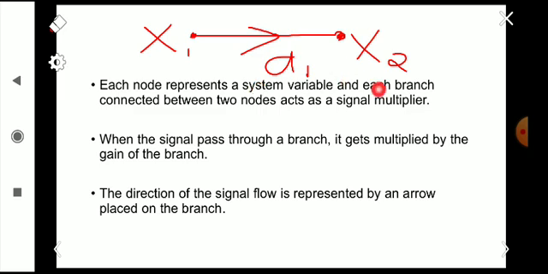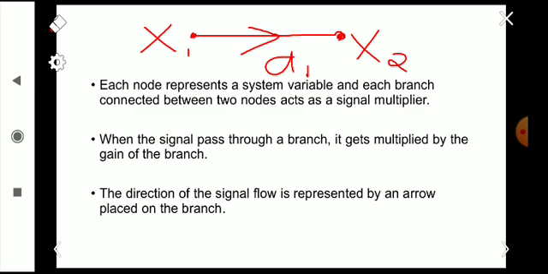So x2 will be equal to a1 into x1. The variable gets multiplied by the gain a1. Each branch has a gain, which is normally called the gain or transmittance.